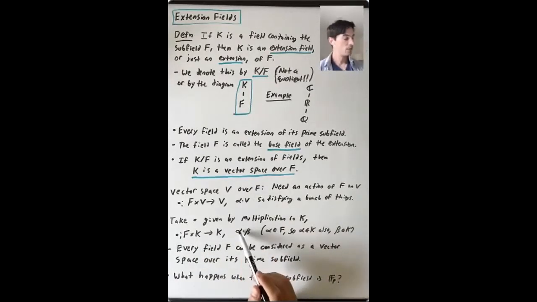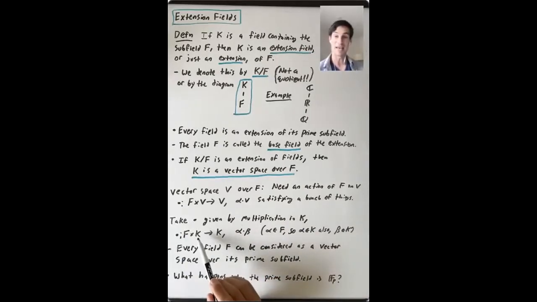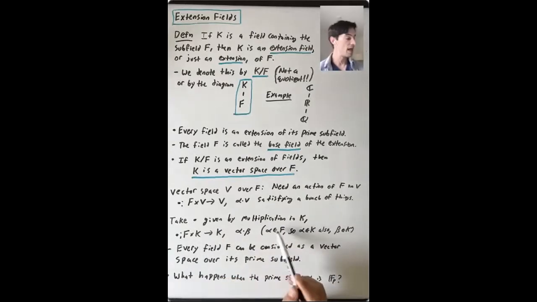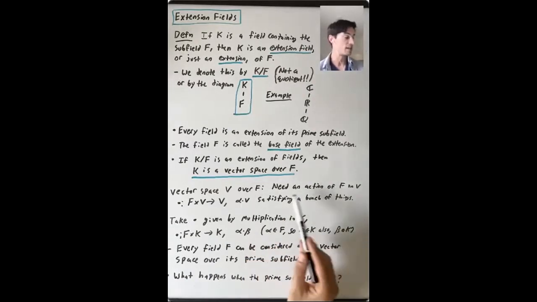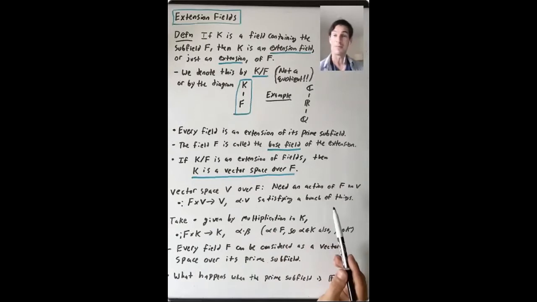We want, for any alpha in F, we need to define alpha times beta, where beta is an element in K. But alpha is in F, and K is a field that contains F, so alpha is an element of K as well. So now we just have these two elements of K, and we can multiply them. And it's straightforward to check that this multiplication in K satisfies all the axioms that you need for K to be a vector space over F. So what does that mean?